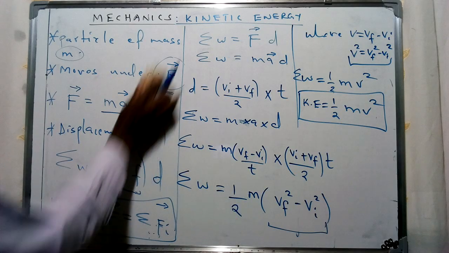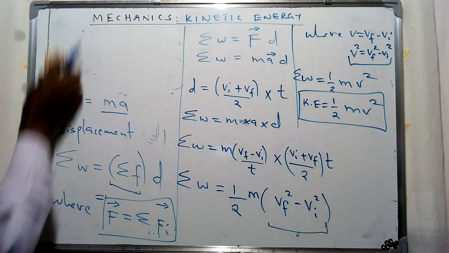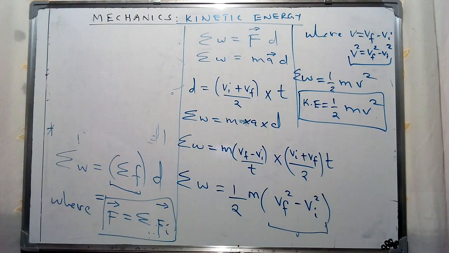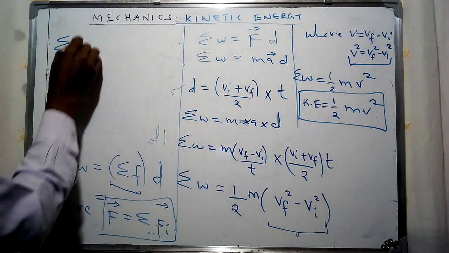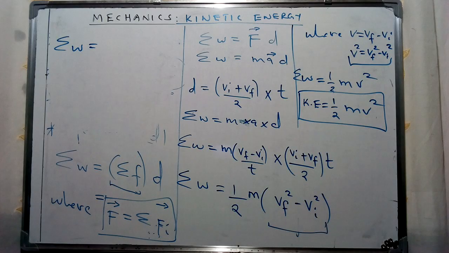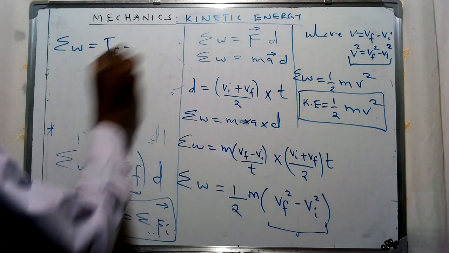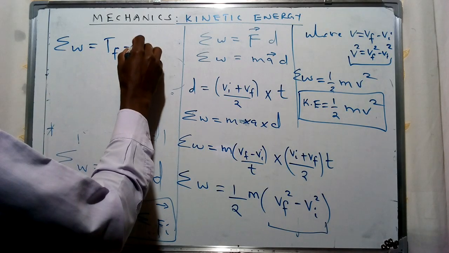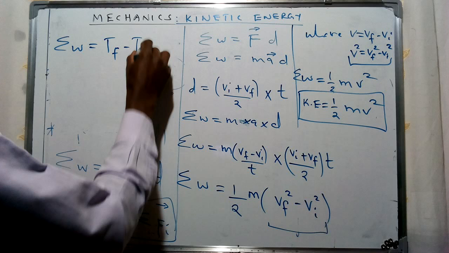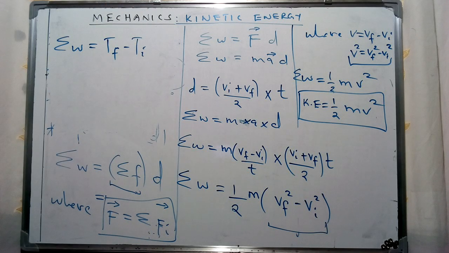Now, I've mentioned this particular formula, let me just show this one on the board. So I've been evaluating this element of work, or summation of the elements of work, given in terms of W. So this is going to be the change in kinetic energy, kinetic final minus kinetic initial.